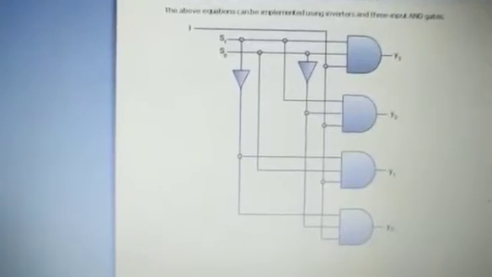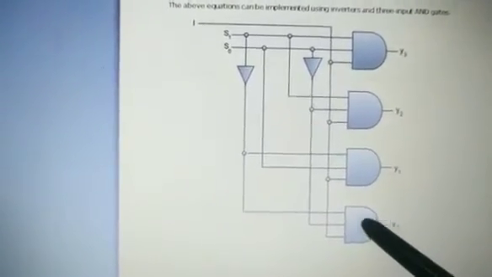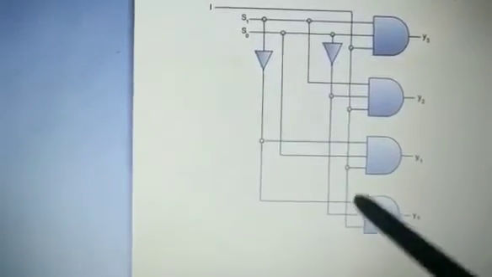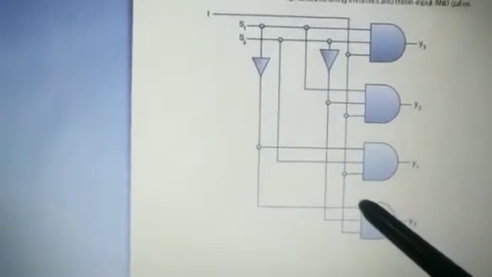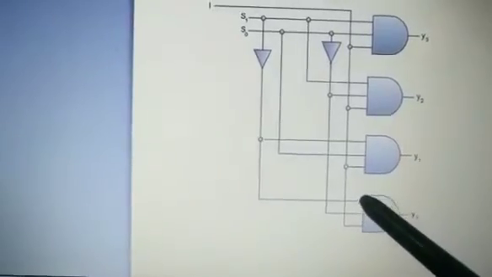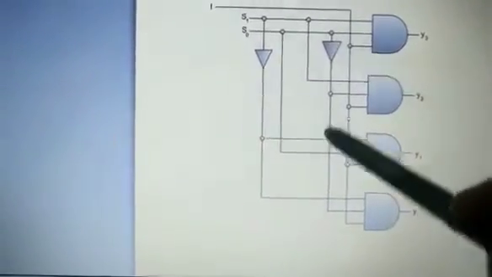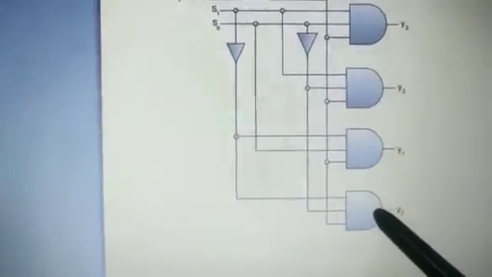Try to understand how we get Y0. In Y0, one fixed input is there, that is I, and the other two are S1 bar and S0 bar. So we pass S1 bar to this one and S0 bar to this one. This is complete for Y0.